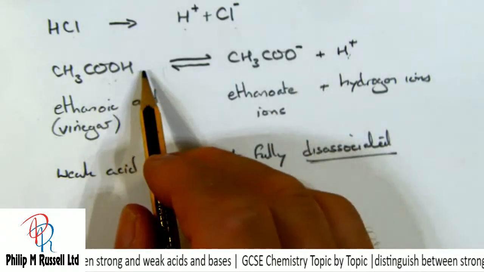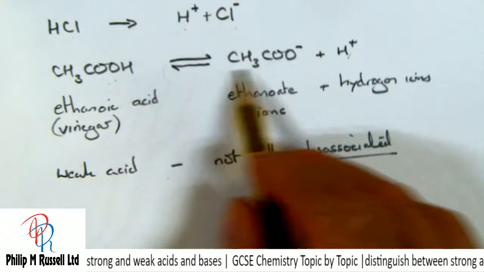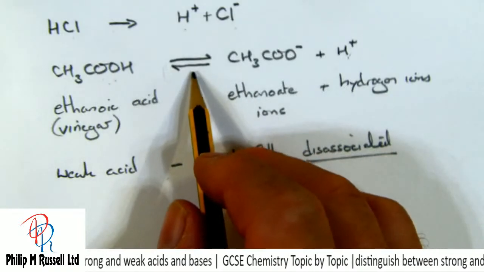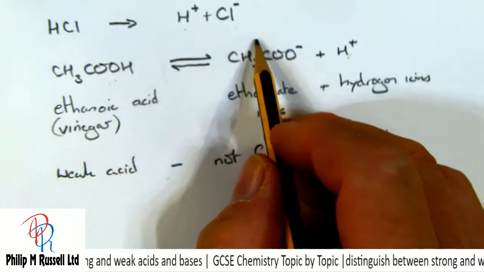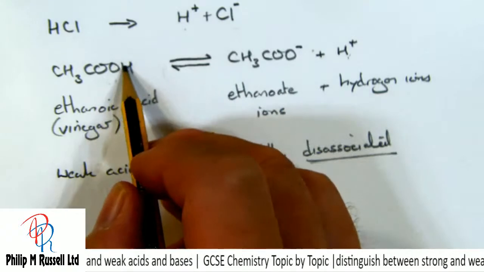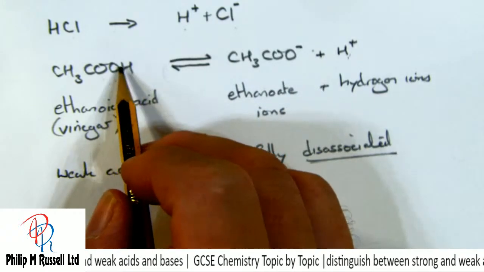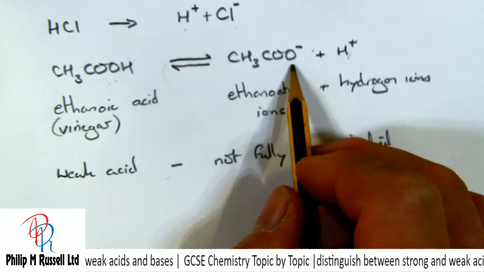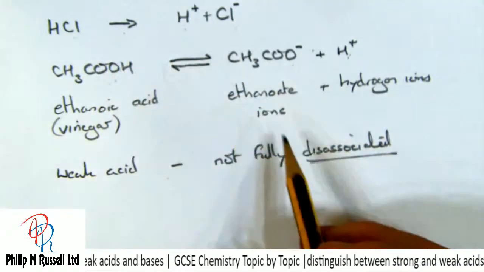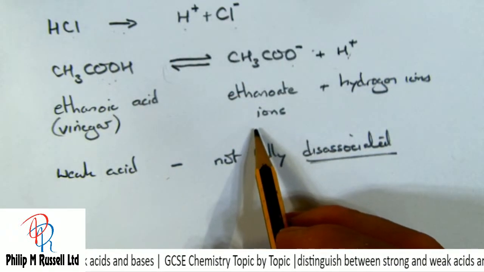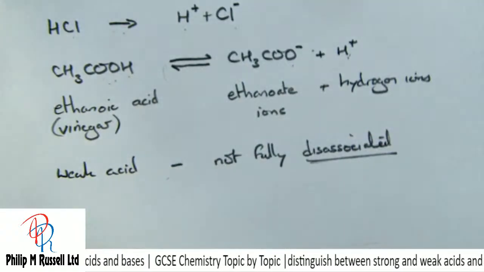So if perhaps, let's say, 30% gets turned into this and 70% stays at that, it would only be 30% as strong as one of those acids, but at the same concentration.